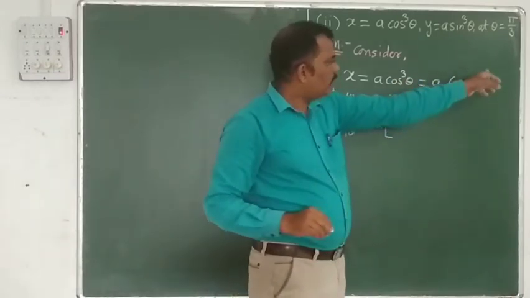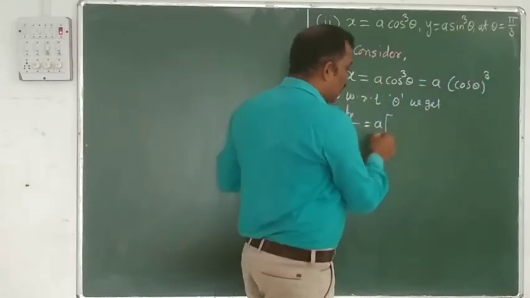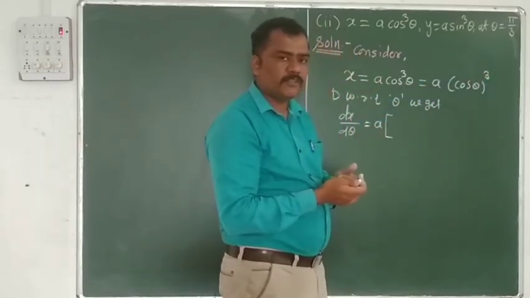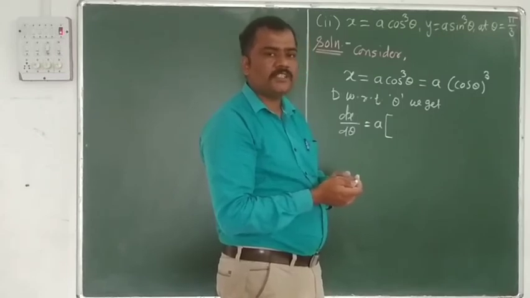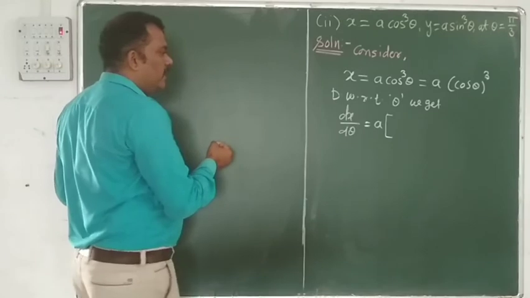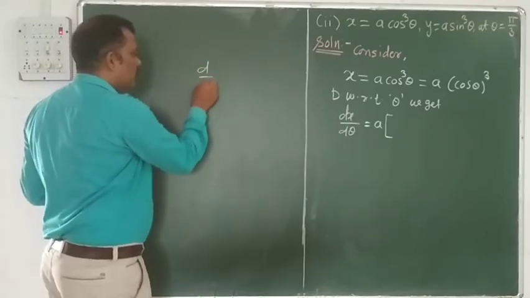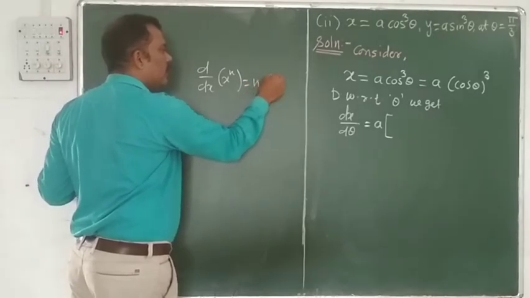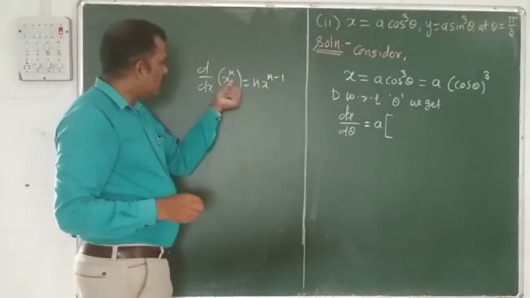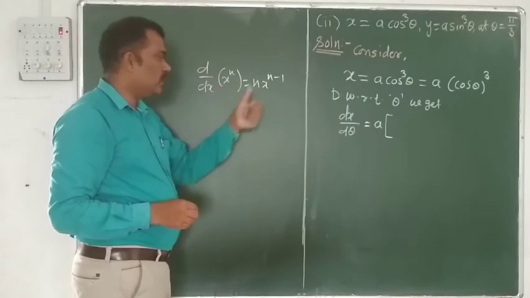According to the power function formula, d/dx of x raised to n is n into x raised to n minus 1, into the derivative of x with respect to x, which is 1.